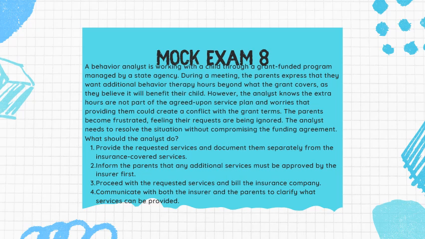The analyst should ensure the parents understand the limitations of the grant while working to explore other options if needed. Therefore, the correct answer is 4. Communication with both the insurer and the parents to clarify what services can be provided.